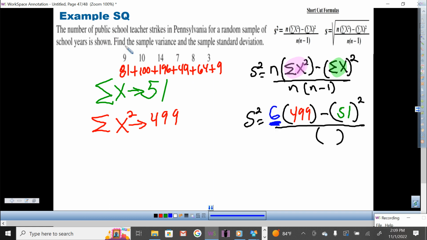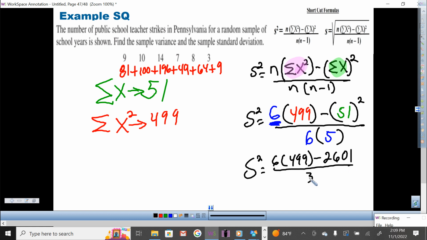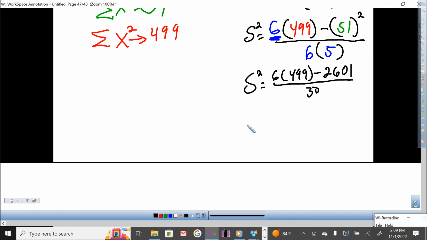It's the number of items: 1, 2, 3, 4, 5, 6. And down here is 6 times what? Yeah, which is 5. Okay. S squared is 6 times 499 minus 51 squared. Who's got 51 squared really quick? 2,601.